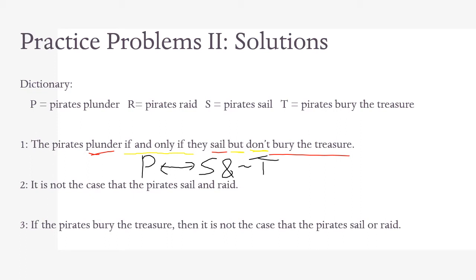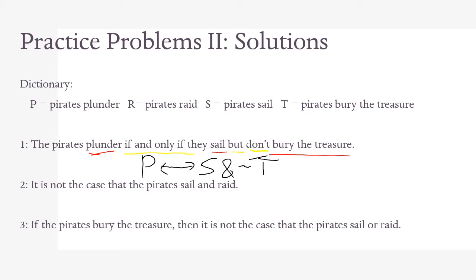So now we do need parentheses. Let's look at what we've got and see if we can determine where our parentheses go. So the pirates plunder if and only if they sail but don't bury the treasure. In this instance, it seems like the but don't is giving us an indication that those two things go together.